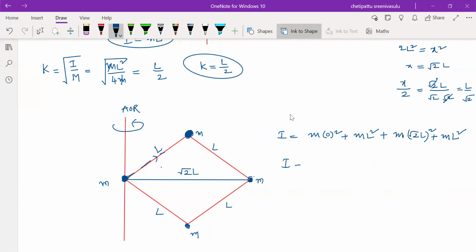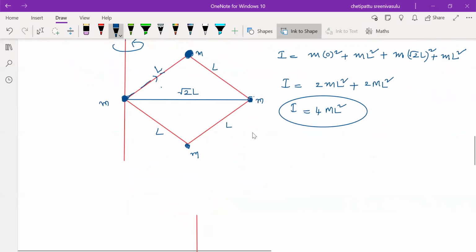Now I equals the moment of inertia. How much is this? 2 ml square plus another 2 ml square. So I equals 4 ml square. This is the moment of inertia. What about radius of gyration? What is the formula? K equals root of I upon m.